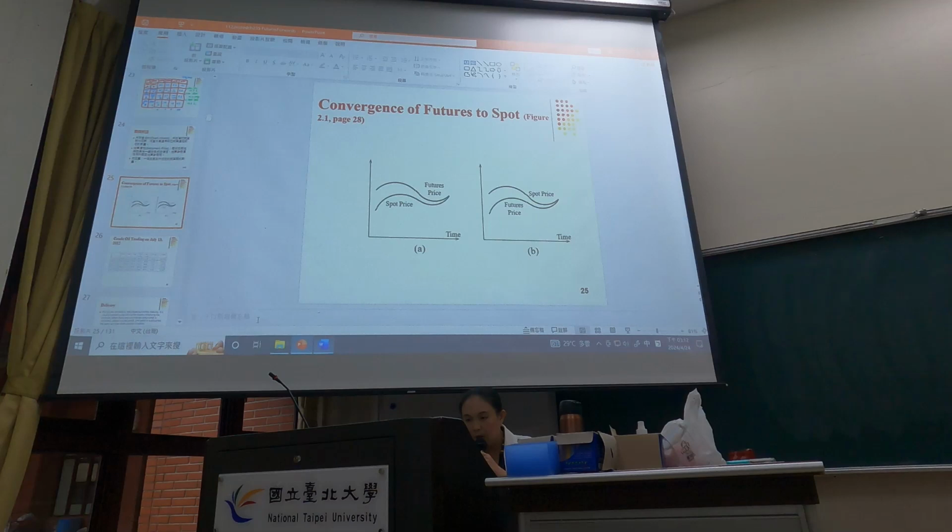But F0, standing there today, equals S0 e^(rT). After time T, S0 becomes ST, which equals the expected value of ST, and this is basically what F0 equals today, S0 e^(rT). So after time T, this point is what we call the convergence of the prices, futures to spot. This means convergence, 收敛, all right?